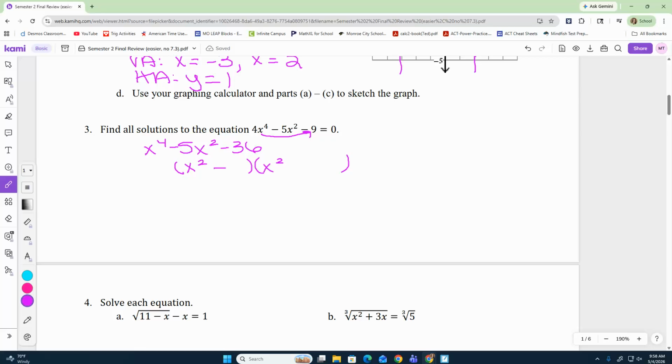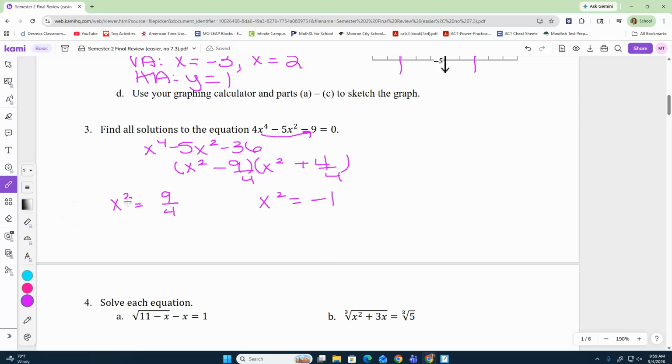We have to divide our 4 back. At this point, you can either go ahead and write it in factored form, or really we're solving it anyway. So we get x squared equals 9/4 or negative 1. We set both to 0. Are you guys with me there?